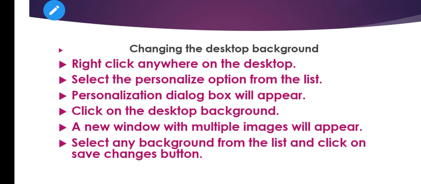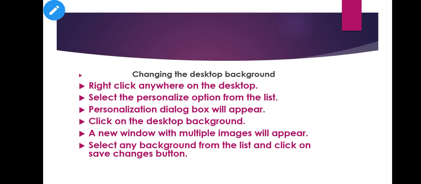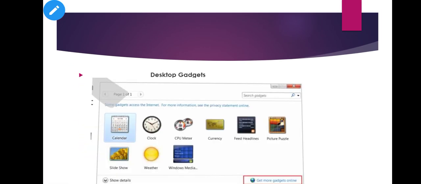From there, click on the Desktop Background option. A new window with multiple images will appear. Now you can select any background as per your choice from the list and click on the Save Changes button. Then you can see the changes in your desktop background.